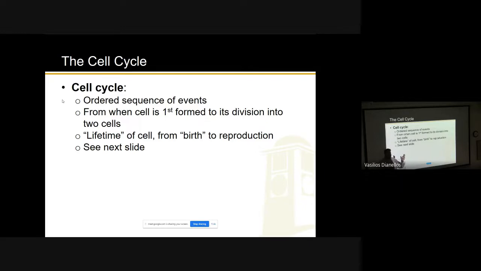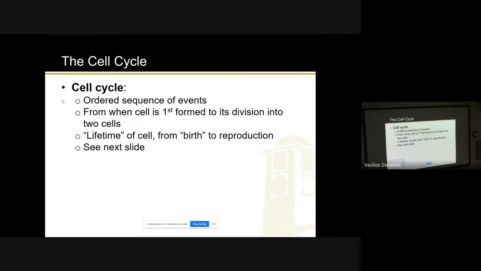It's not that the cell necessarily dies. It doesn't die. It just splits into two new cells. So it is no longer one cell, it is two new cells. So the lifetime of a cell cycle isn't from birth to death. It's more like from birth to new birth, if you will. Now, of course, cells do die, but that's a whole different discussion.